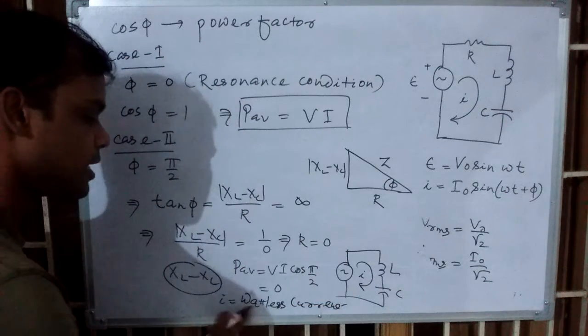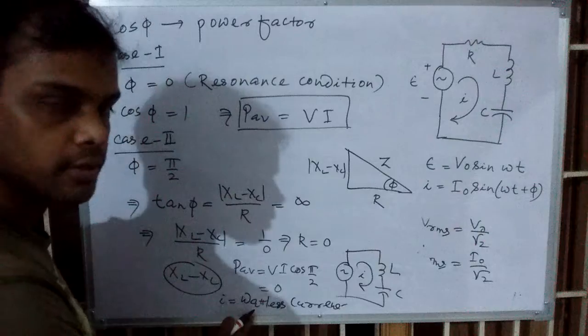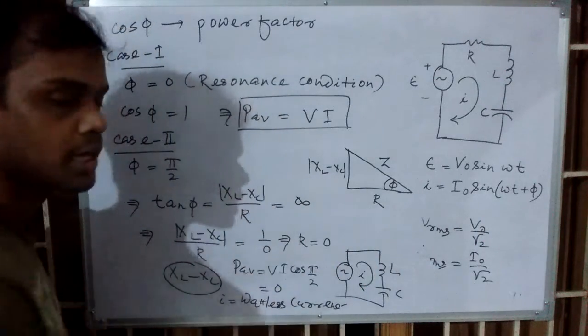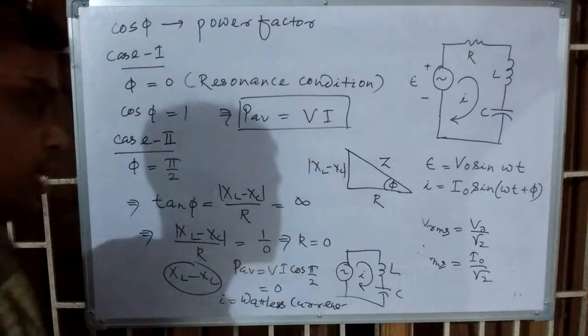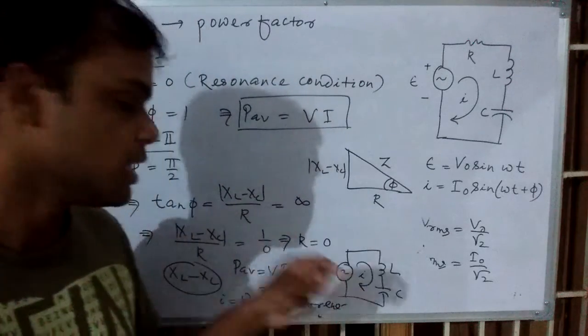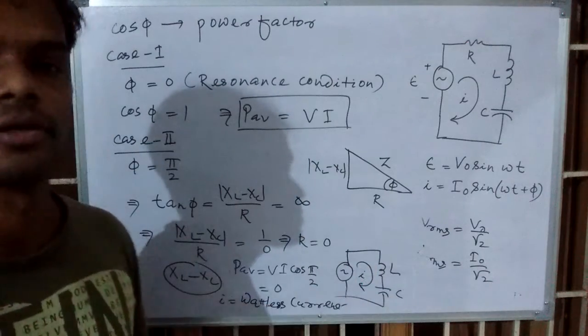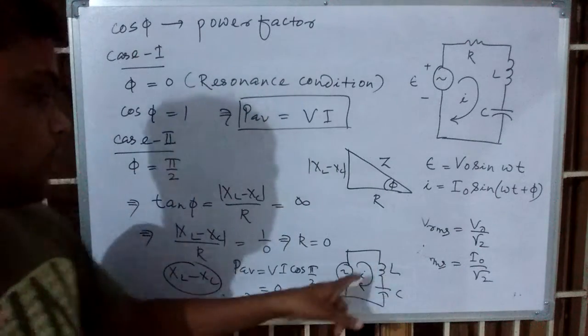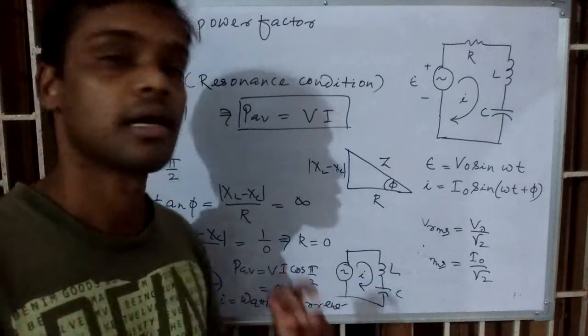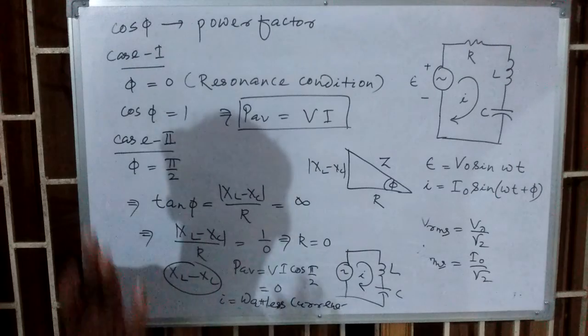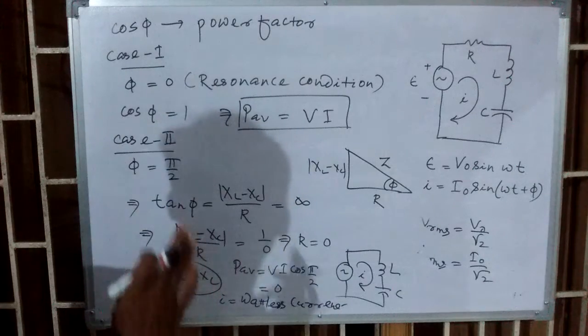Why wattless? Watt is the unit of power. Since no power consumption is there, this is called wattless current. So the current flowing in the circuit when there are only reactive elements, inductor and capacitor, and no resistive element, is called wattless current.